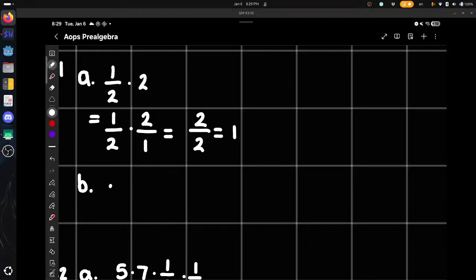So if we take the reciprocal of 2, we're left with this.